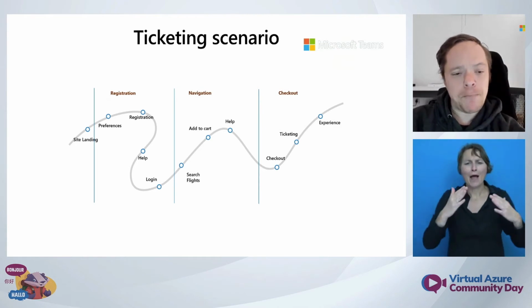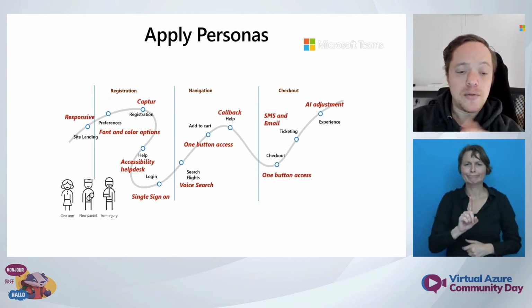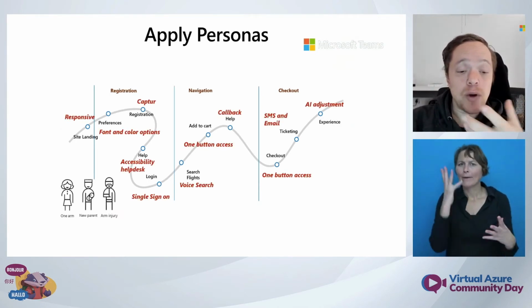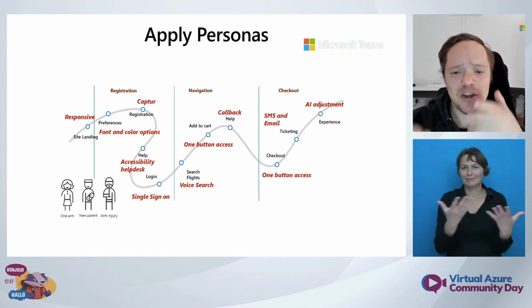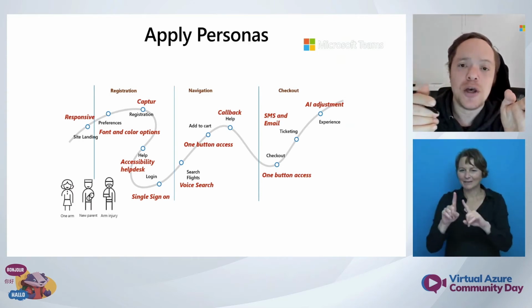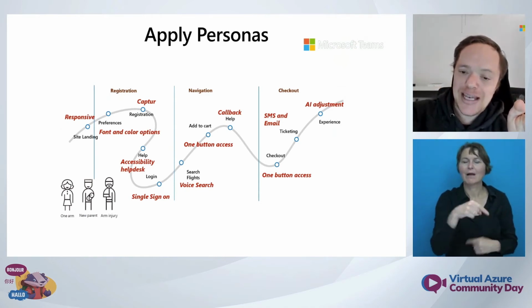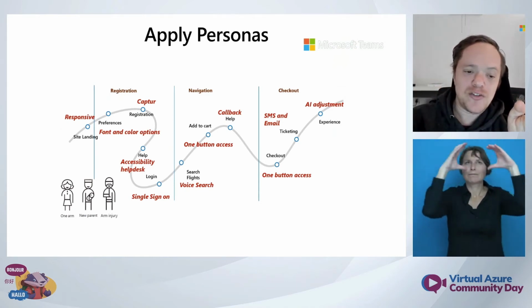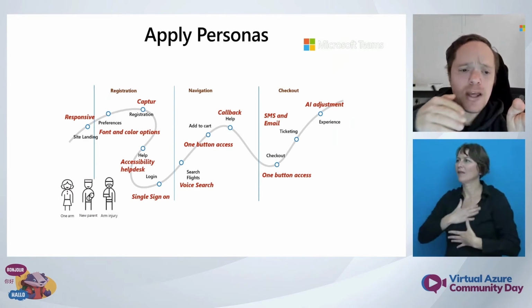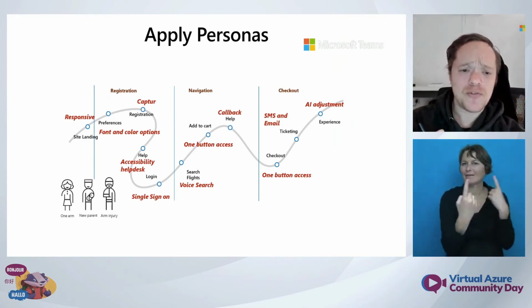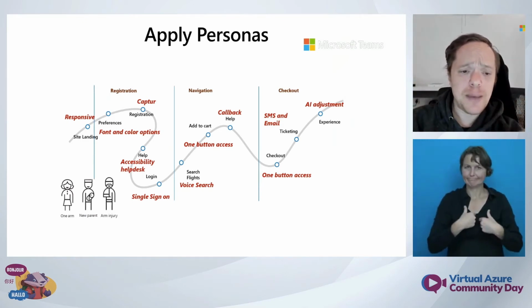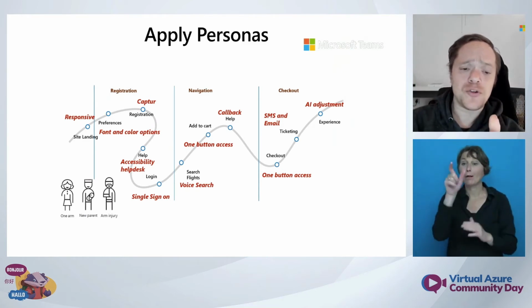And then you superimpose our lack of mobility individuals, one arm, new parent, and arm injury, and suddenly your entire mindset changes, because you start to really have the empathy lab for those individuals. Instead of when they land just having normal sight, you need to have responsive design. On registration, a captcha. For preferences, font and color options.